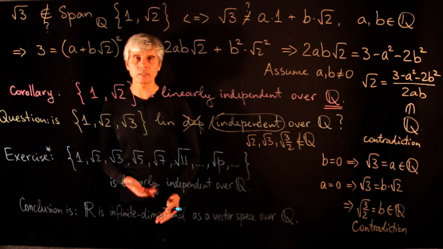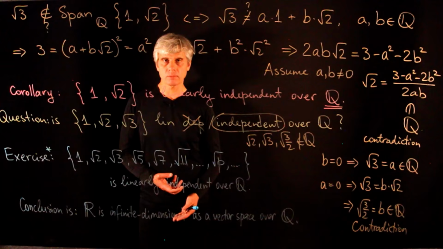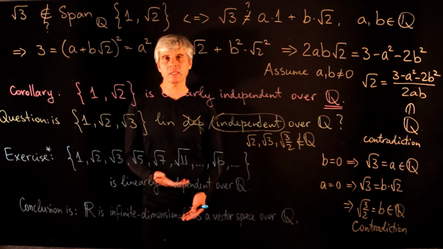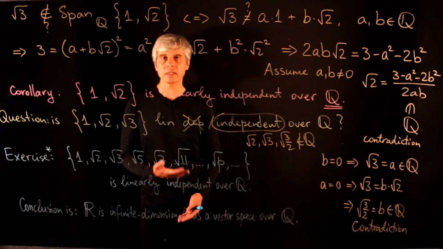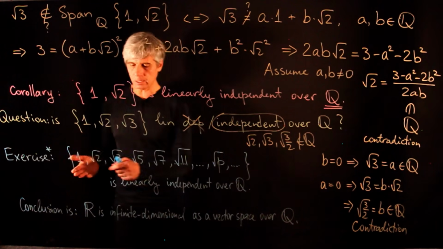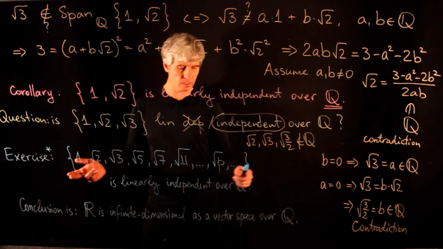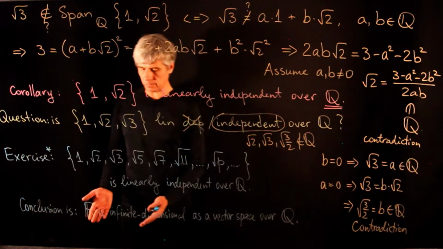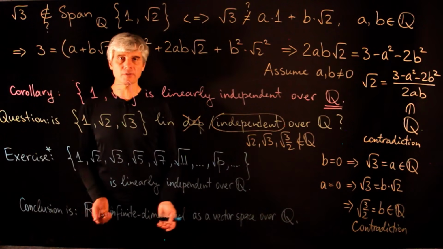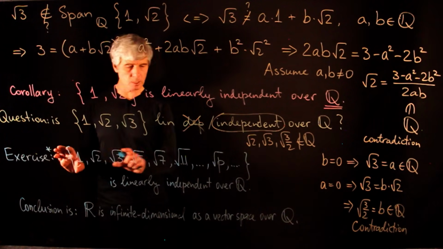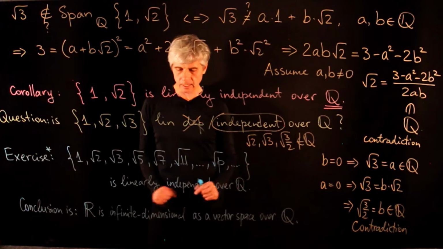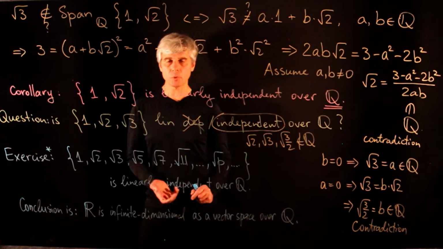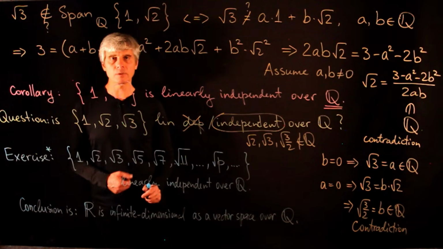And then we know that if we take more vectors in our vector space than its dimension, then this set will be linearly dependent. And here, the existence of an infinite linearly independent subset would mean that this vector space cannot be finite dimensional. So if we can prove that there is an infinite linearly independent set of vectors in our vector space, this proves that this vector space is infinite dimensional.